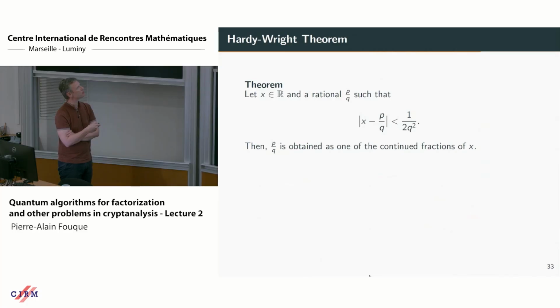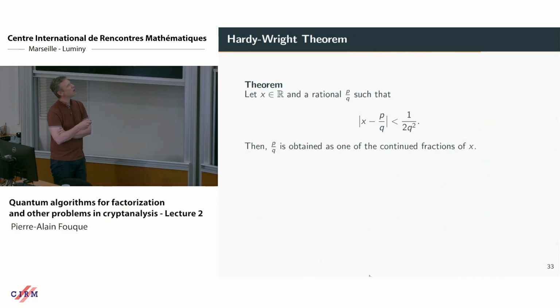Here is a well-known theorem, which is also helpful in cryptography to apply and to remember. If x is rational, it also works. So if you have some fraction, and the fraction satisfies this inequality, where q is the denominator, the distance between the two is below 1/(2q²).